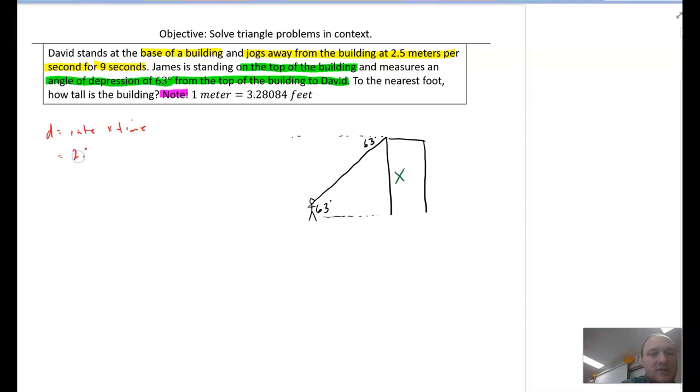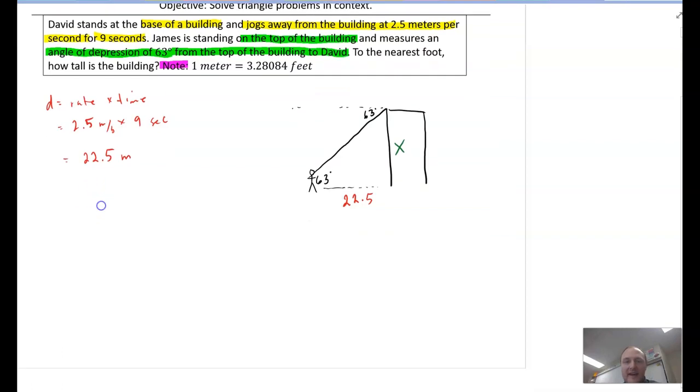So he's running at 2.5 meters per second times 9 seconds. So that is 22.5 meters. Okay, so I want to find x.